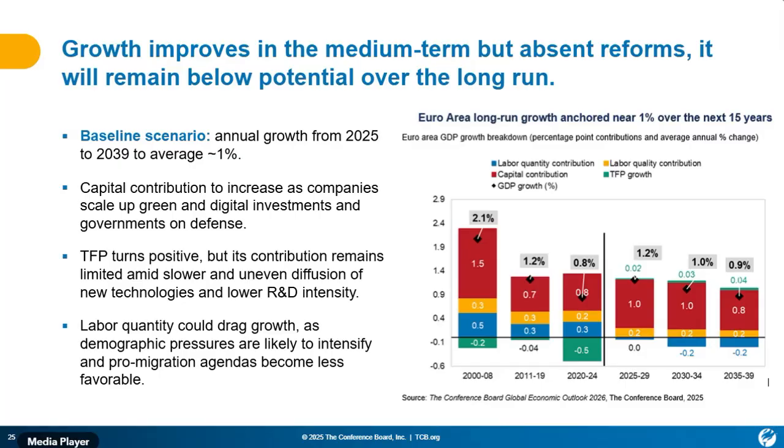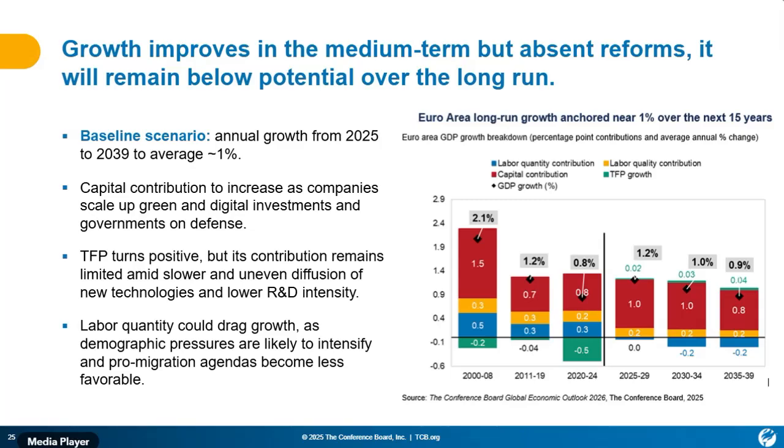Another interesting, positive story about the economy is what happens on the TFP front. We talked a lot about productivity. The upside for the euro area here is that productivity will turn positive over the next 15 years, as you see on the graph. This follows after 2 decades of TFP being a drag on growth.